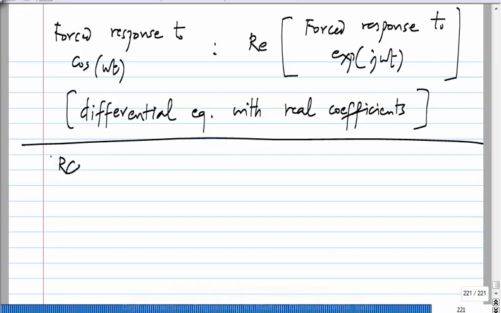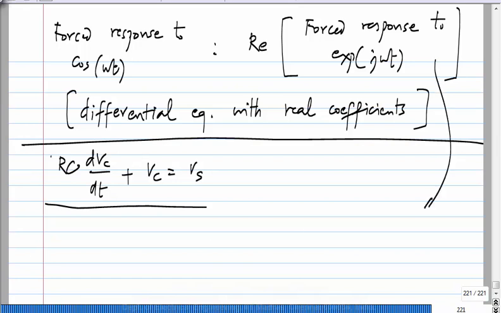So again, let's take the same system. What is the force response to exponential j omega t of this? This is the equation for the first order RC circuit, right? What is it? For exponential st, it was exponential st times 1 by 1 plus SCR.